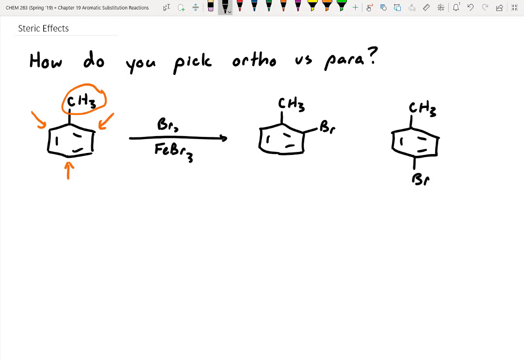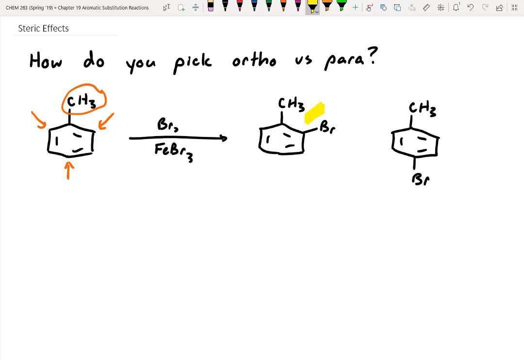All right, raise your hand if you think the para substituted will be major. All right, does anybody want to explain the reasoning for why they think para would be major? So somebody just blurted it out, sterics, all right? So that's a reasonable explanation, right? If we look at this one over here, you could say, well, sterically, that bromine could brush up against that methyl group.